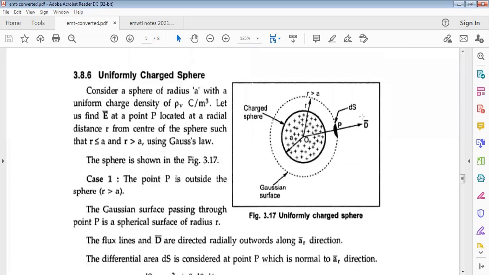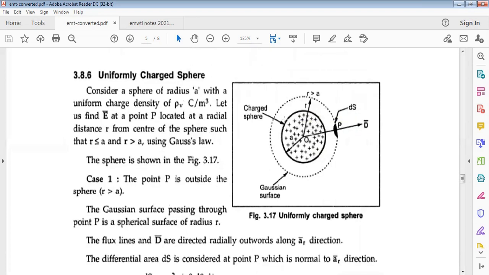Now the same thing we can take as a spherical shell with uniformly charged distribution inside also, outside and inside. Totally it is a volume. In the previous case we assumed the charge is only on the surface. So when we consider outside, there is an effect which passes through the surface.